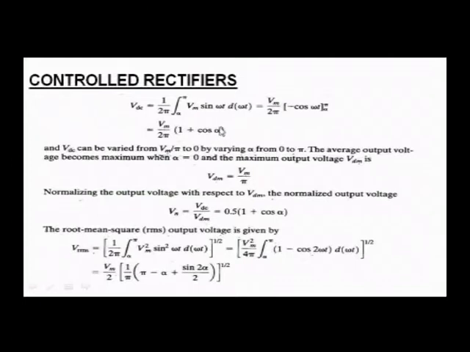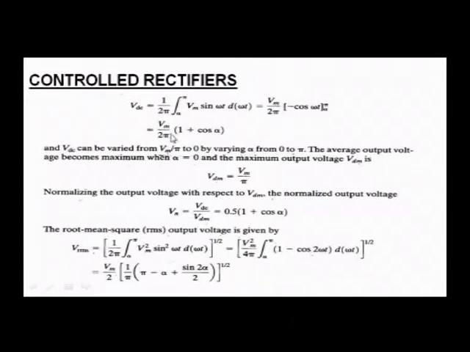Now, I can apply any angle between 0 to 180 degrees to alpha, and I can get the value of the DC, correct? I can calculate the value of the DC. Please see, the maximum and minimum values can be between Vm by pi and 0 by varying alpha from 0 to pi. When I put alpha as 0, cos of 0 is 1, 1 plus 1 is 2.